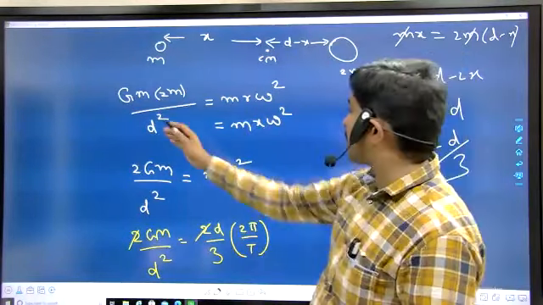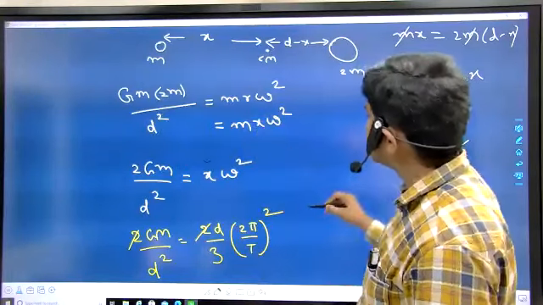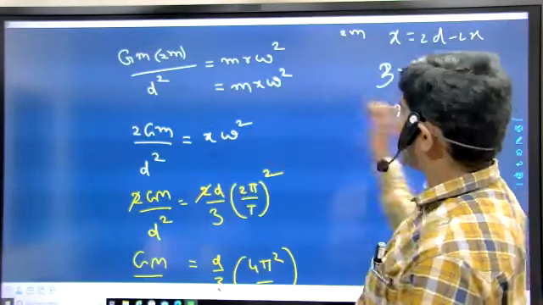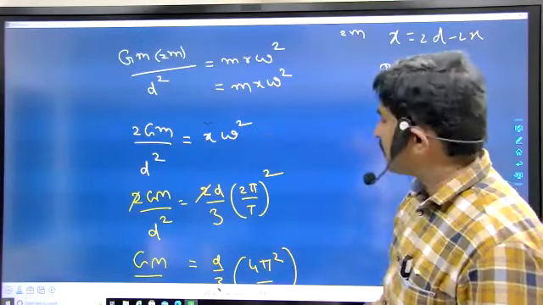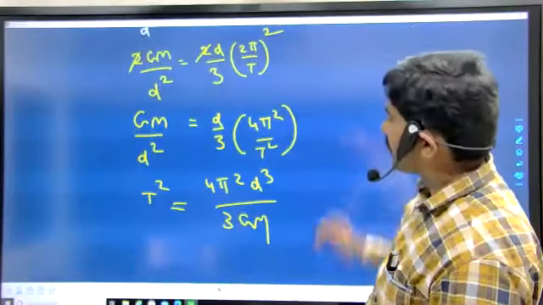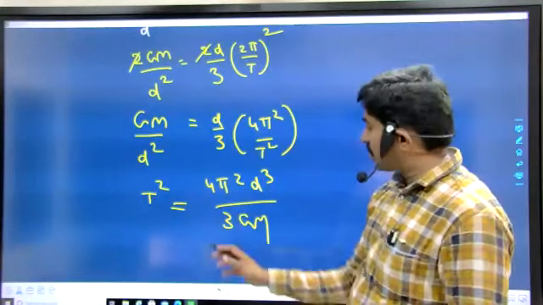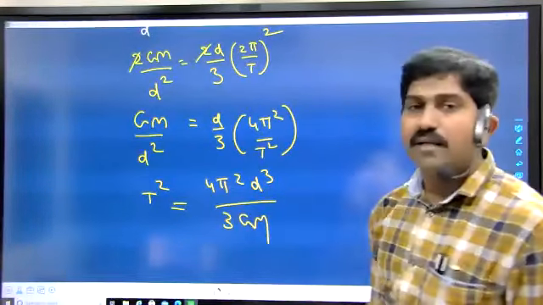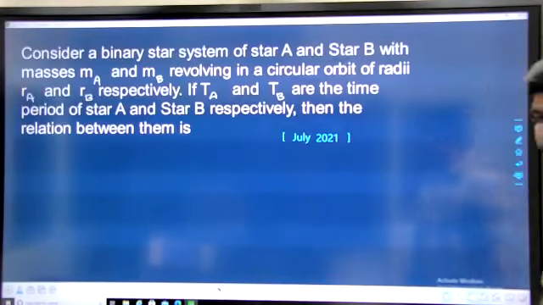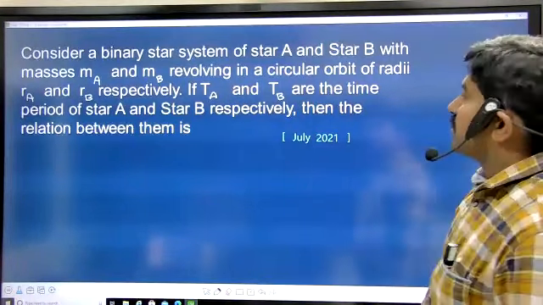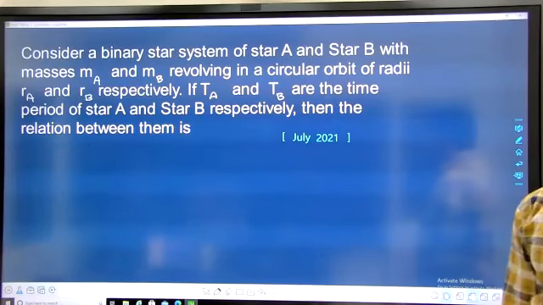So we have taken the gravitational force equal to the centripetal force. In place of x, we substituted 2d by 3, and omega can be taken as 2 pi by T. By solving this, you get the time period T, which is equal to root over 4 pi square d cube by 3 G m. Okay, now see the next question. This is also based on the same model.